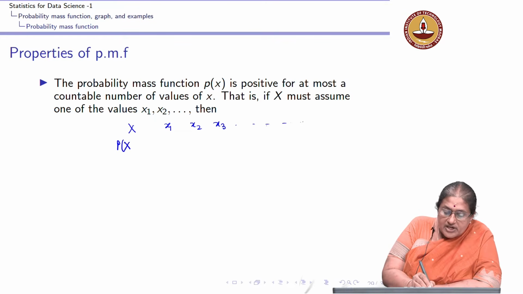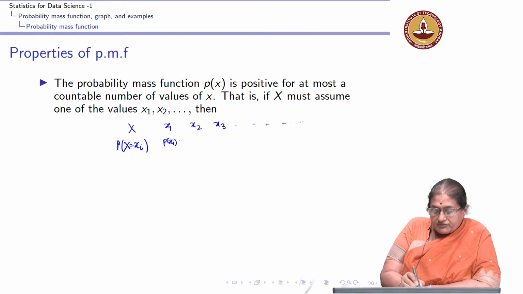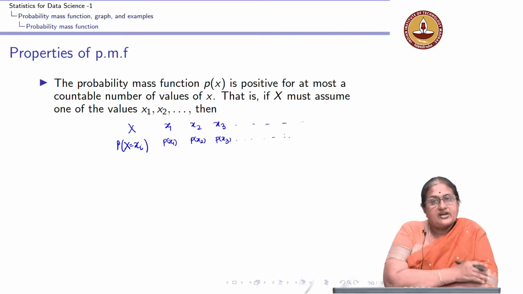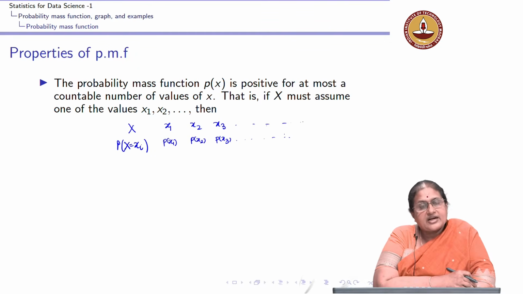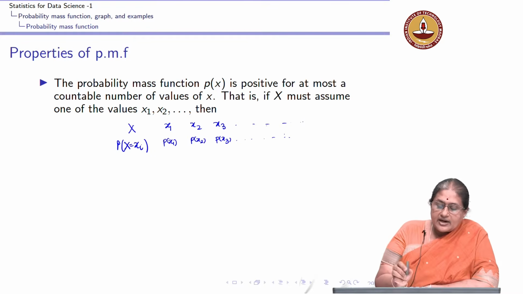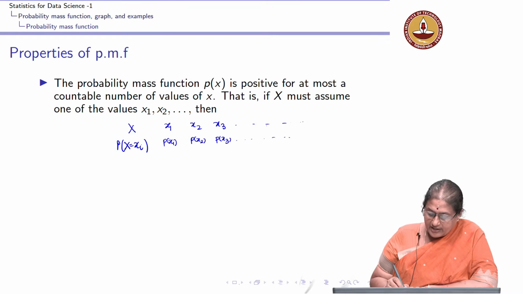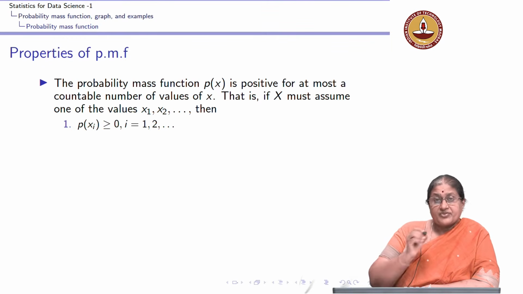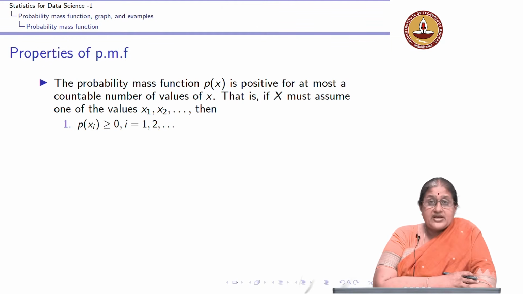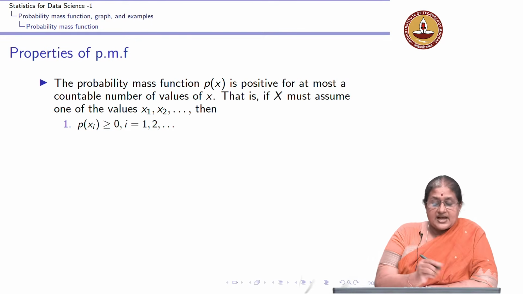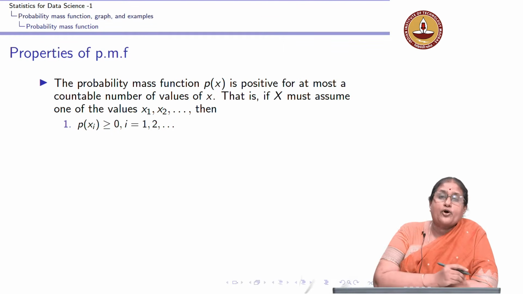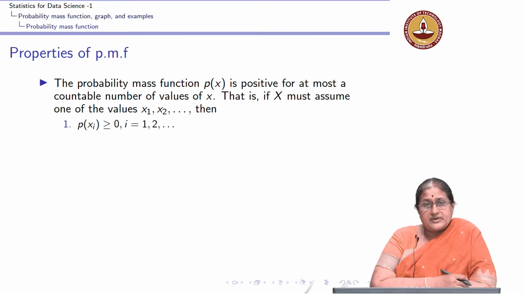Again, associated with each of these xi's, I'll have a P(x1), a P(x2), a P(x3), and so forth. So, whenever I talk about a discrete random variable, I could have either a countably finite or countably infinite number of values. But nevertheless, there are two key properties of the probability mass function.